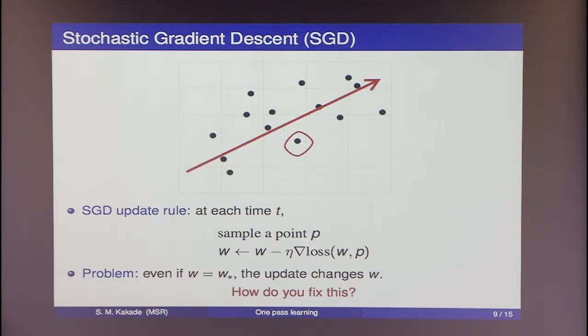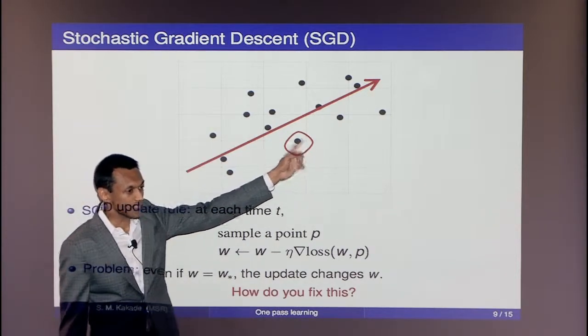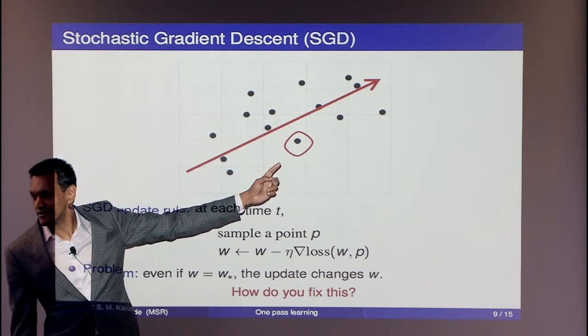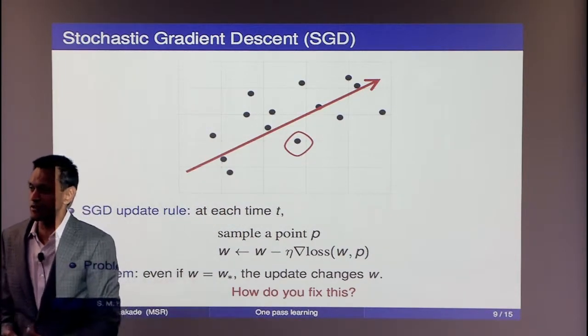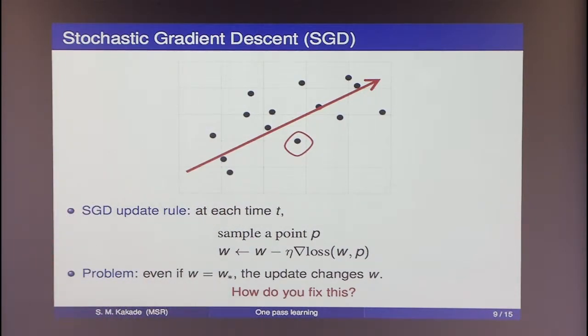Okay, so why is this a terrible algorithm from a numerical perspective? Suppose you start at the right answer. Now you sample this point. SGD is still going to move you. This is terrible from a numerical perspective. This is why the precision is actually very bad, because you're bouncing around all over the place.